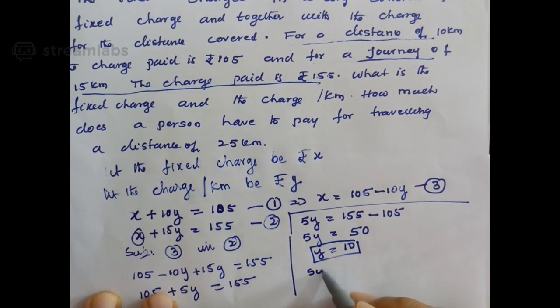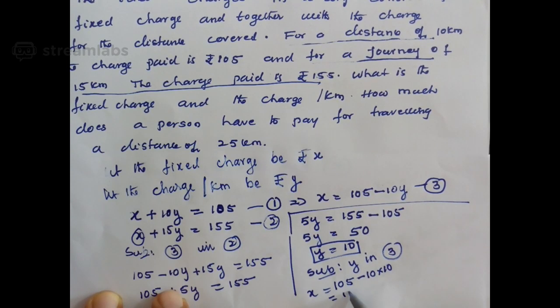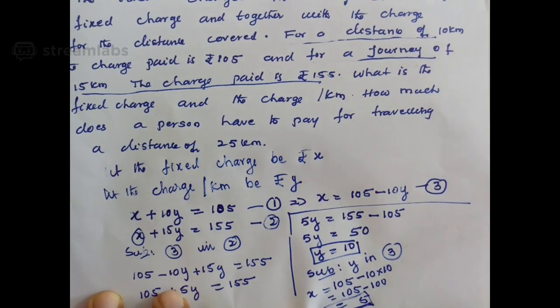Then substitute the value of y in equation number 3. That is x is 105 minus 10 into 10. That is 105 minus 100, which is 5. This is the value of x.